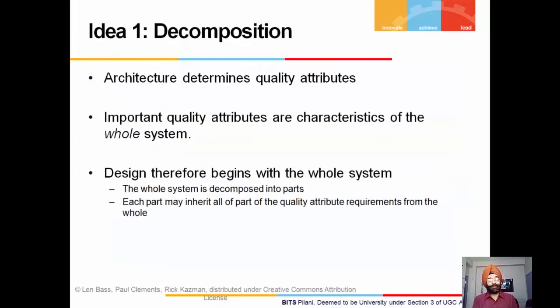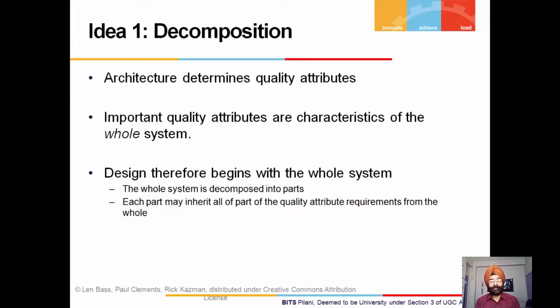What is decomposition? Architecture determines quality requirements. We have understood one thing very clearly by now, that architecture is all about satisfying the quality attribute requirements for a project. Important quality attributes are characteristics of the whole system.